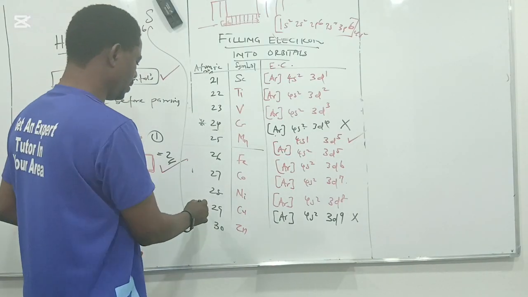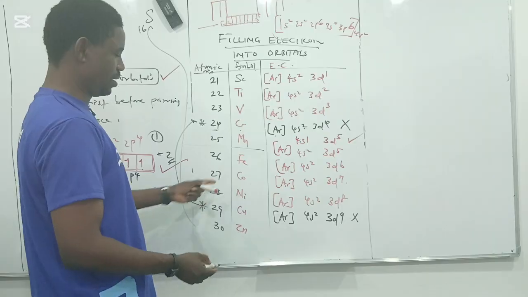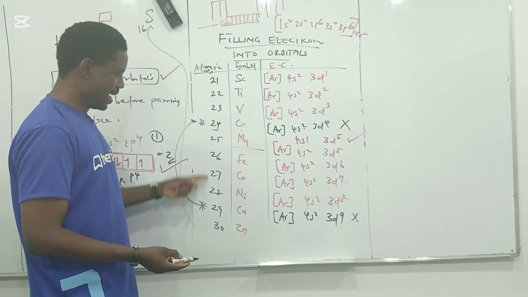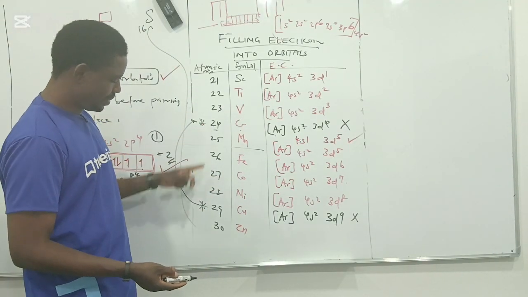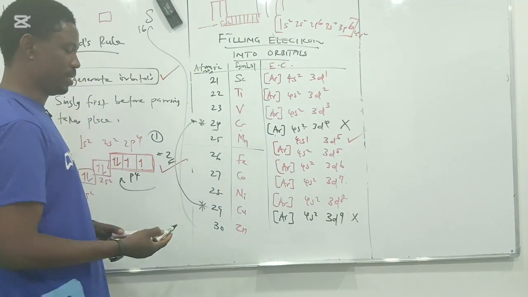Copper now behaves exactly like chromium, and both of them, the name starts with C, although cobalt is also there. And you can see 24, 25, 29, 30. If you divide them into two equal halves, the one before the last, they behave that way.